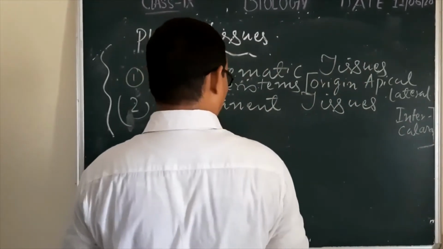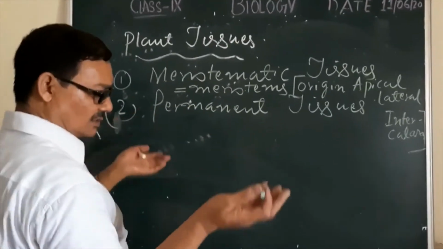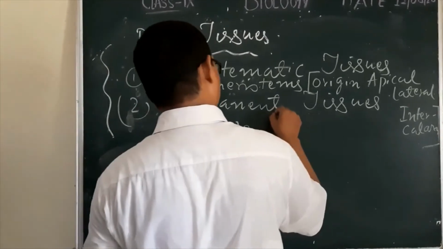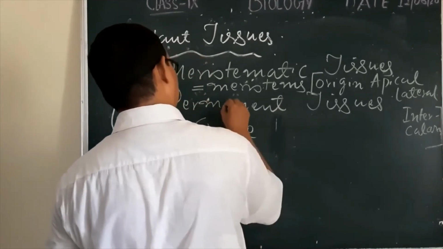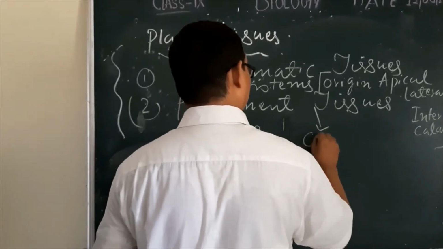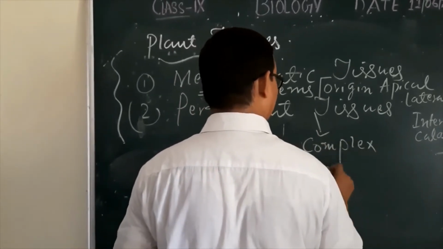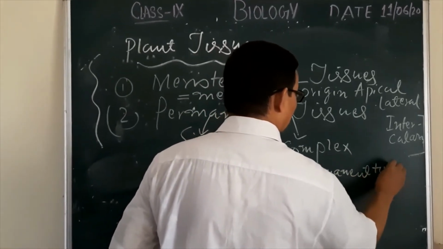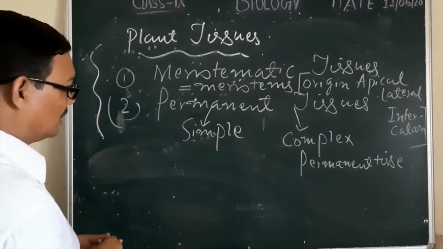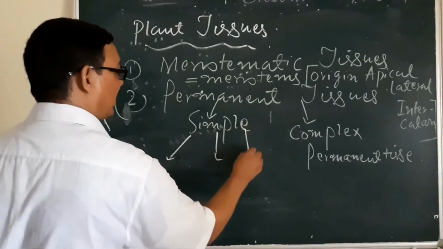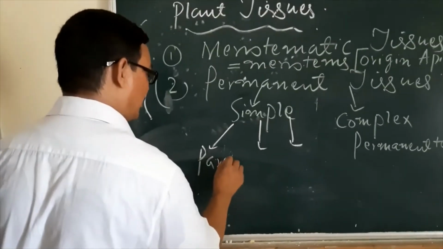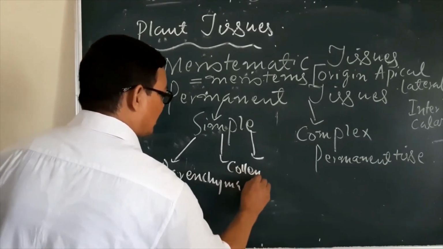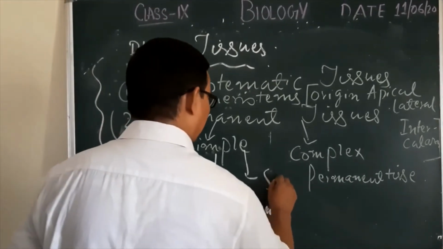And in the permanent tissue we will see the division further: number one, simple permanent tissue, and number two, complex permanent tissue. Simple permanent tissue may again be divided into three different parts: parenchyma, collenchyma, and sclerenchyma.